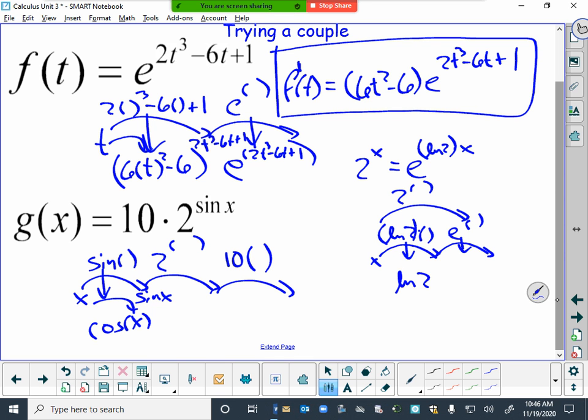And then this is natural log of 2 times x, and the derivative is e to the power, and so that gets the natural log of 2 times x there. So it's these two things multiplied together, but e to the natural log 2 to the x is just the same thing as 2 to the x.